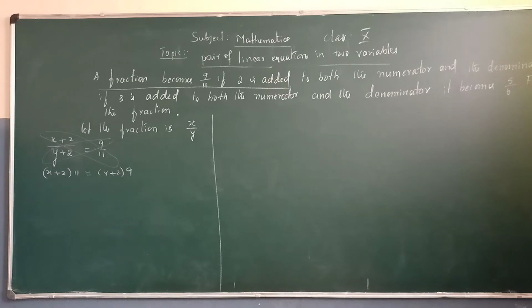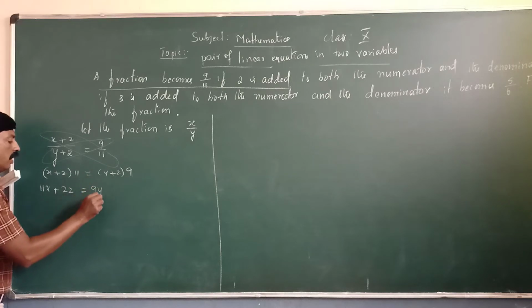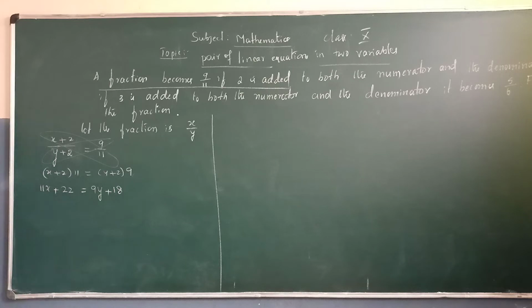Now use the right distributive property. 11 times x is 11x plus 11 2s are 22, which is equal to 9 into y, 9y plus 9 2s are 18.